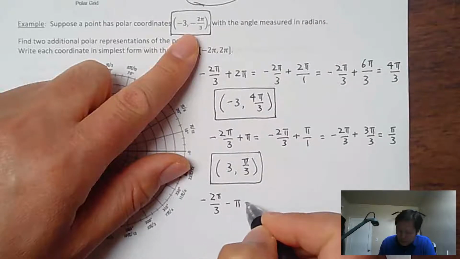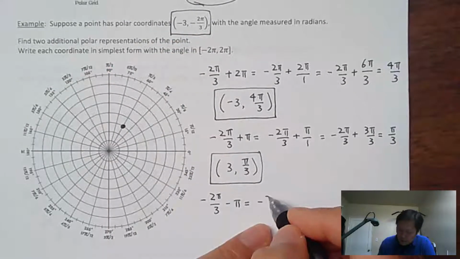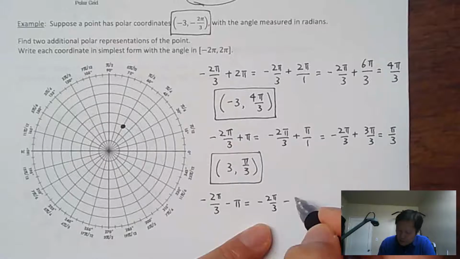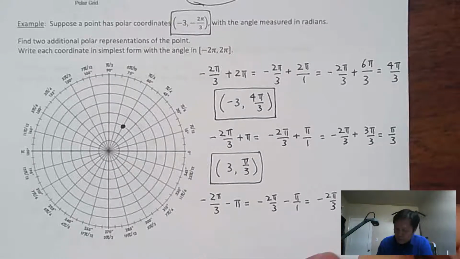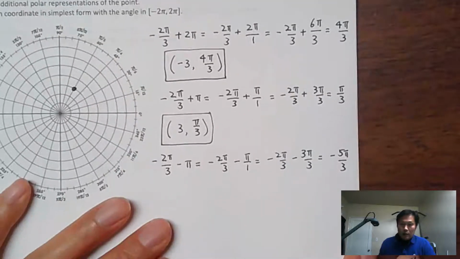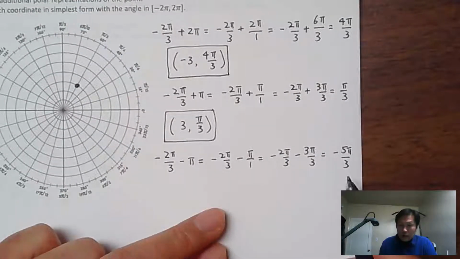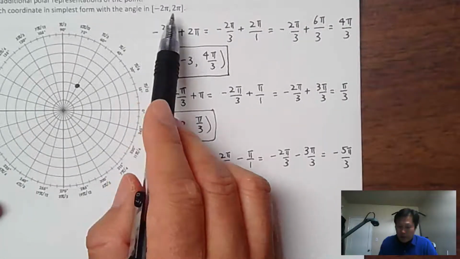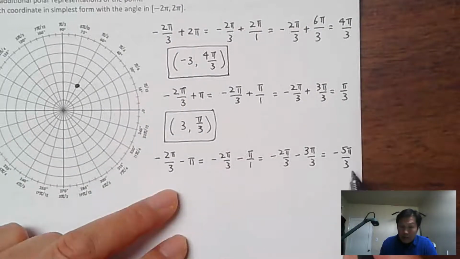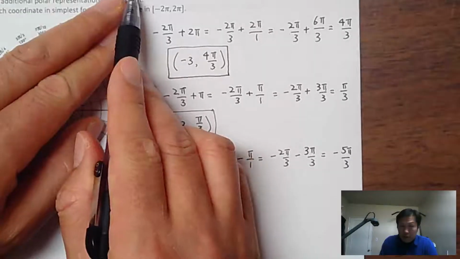Minus pi will give you minus 2 pi over 3 minus pi over 1, which is minus 2 pi over 3 minus 3 pi over 3, which will give you minus 5 pi over 3. That is still within minus 2 pi to 2 pi. And that's the opposite direction from here.